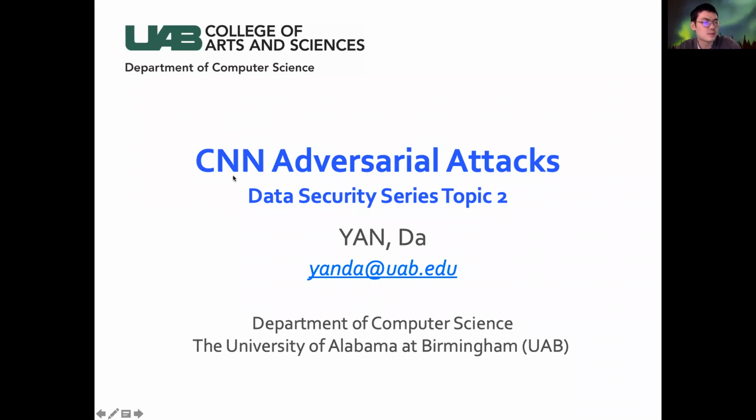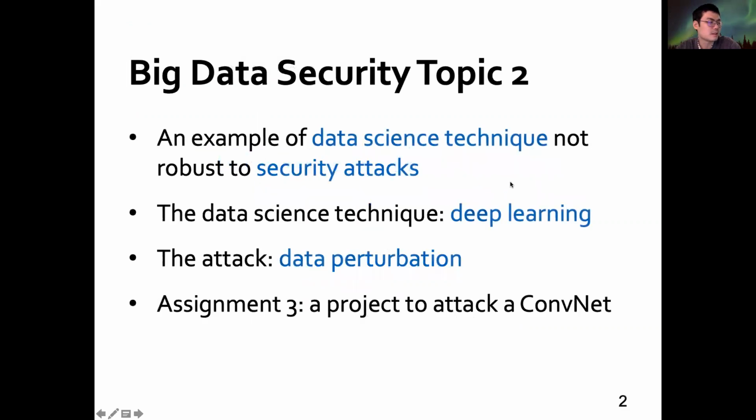CNN is the convolutional net we discussed earlier in the second class. These convolutional nets can also be attacked. This is the topic of this slide. Here's an example that the data science technique is not robust to security attacks.